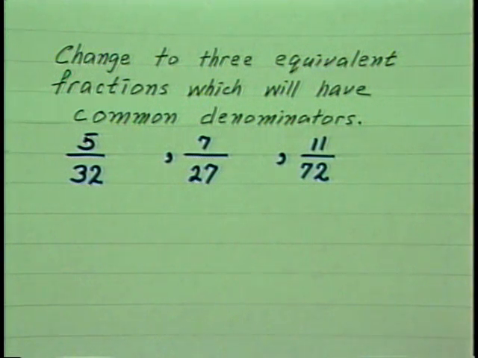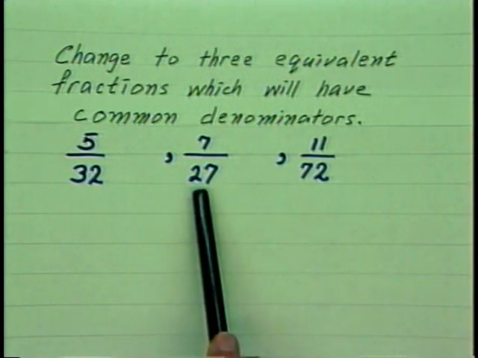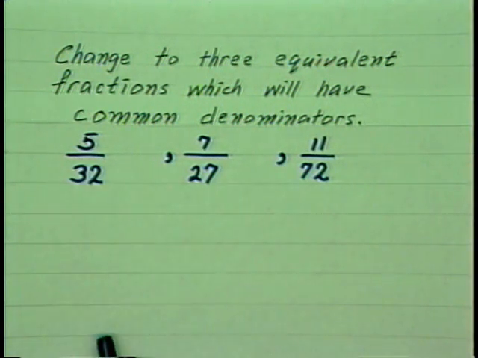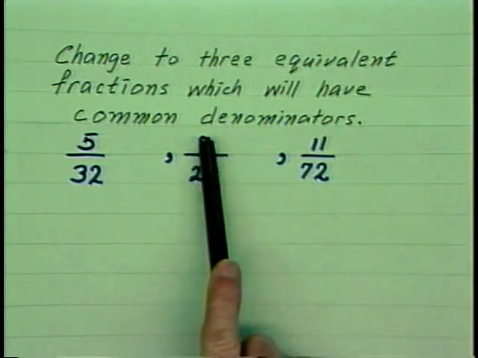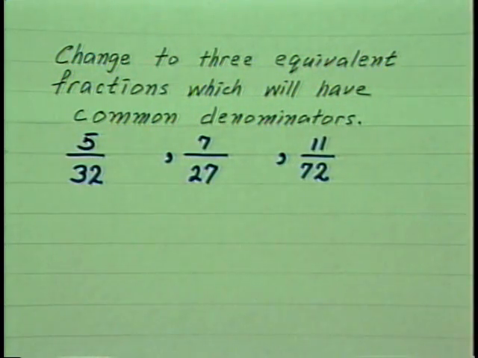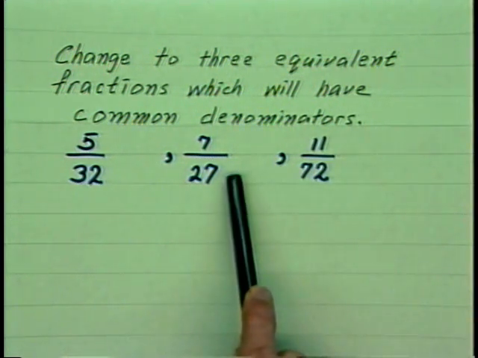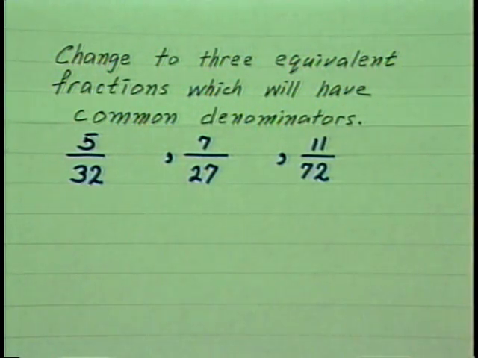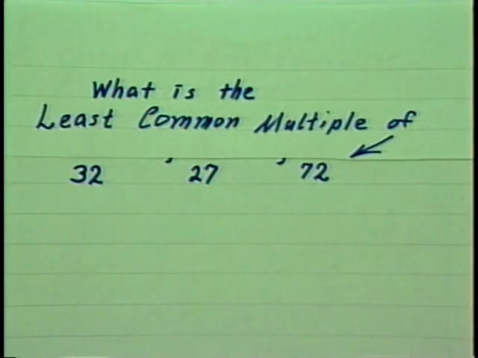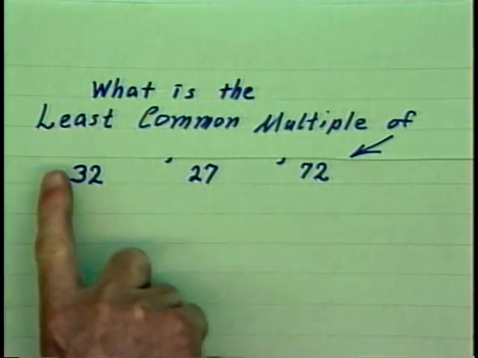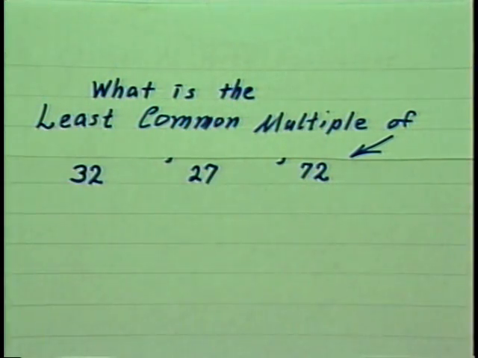Again, we're asking what's the lowest number that 72, 27, and 32 will each divide into. Now note, what the numerator is has nothing to do with this. At this stage, we're looking only at the bottoms as though they existed in their own right, without the tops even. That is, what is the least common multiple of these particular three numbers?